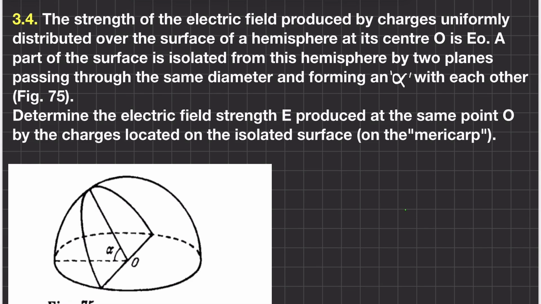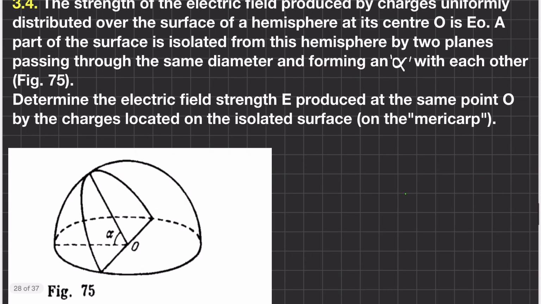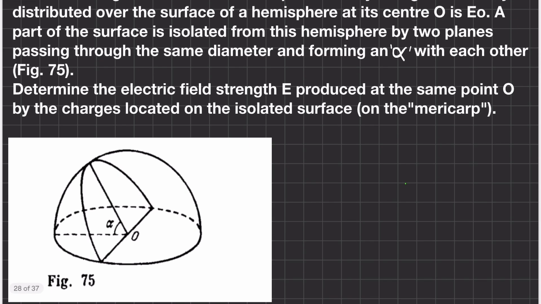Hello viewers. Today I'm having a very good problem from S.S. Krotov, problem number 3.4, and this problem is of course related to the chapter electrostatics. This problem mainly involves very rigorous analytical reasoning, and mathematically it is way simpler.